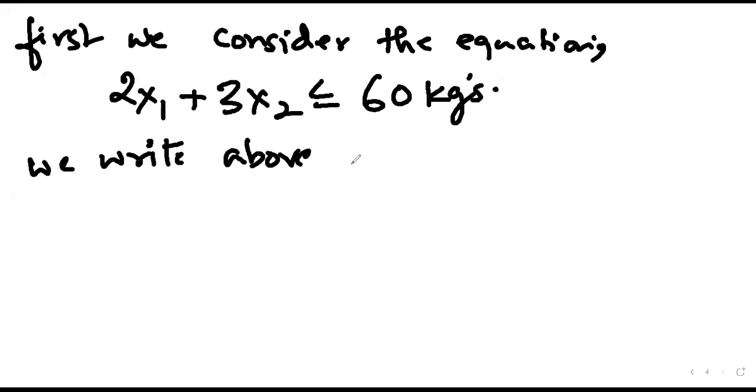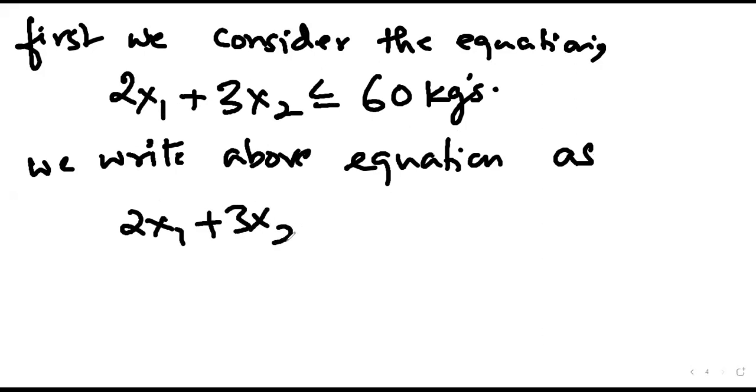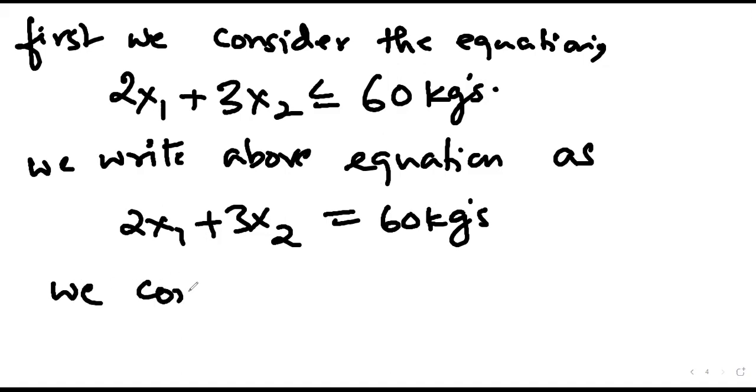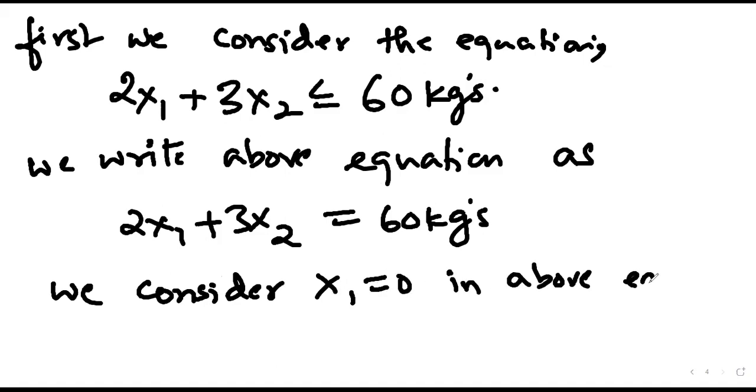Above equation: 2x1 plus 3x2 equal to 60 kg, because we have to solve this equation. The equation should always go to the equal sign. So we consider x1 equal to 0. If we consider x1 as 0, what is the value of x2? Therefore, x2 is equal to how much?